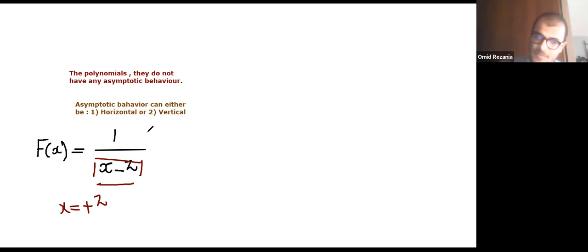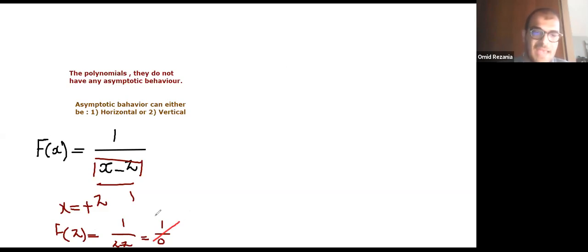Because when you plug that number into the denominator, f of 2 becomes 1 divided by 2 minus 2, which is 1 over 0. That's something we hate in math. We do not want to divide any number by 0. It has lots of philosophical interpretation, but we don't want that headache.